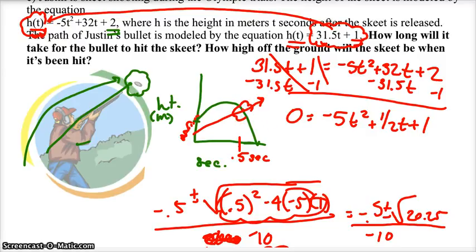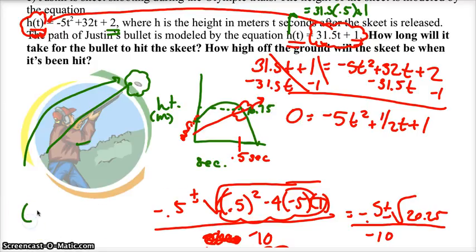So again, for sake of ease, I'm going to put that 0.5 that I found into this linear equation. 31.5 times 0.5 plus 1. That height is going to be, when I typed all that in my calculator, it gave me this height right here. It gave me 16.75 meters.